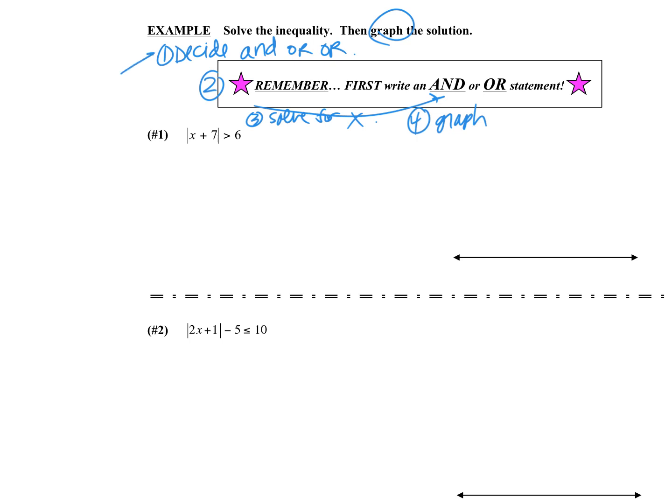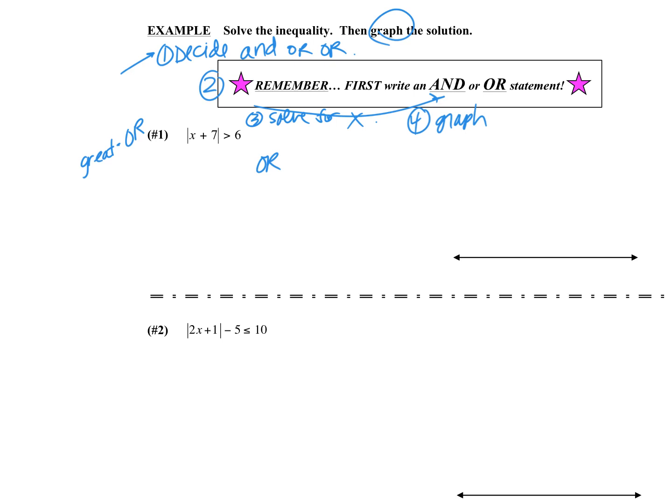So my first question, is that an and or an or? If I was standing in front of you, I'd make you show me with your arms. What is it? Or, because that says great or. So that means I'm going to write my statement with an or in the middle.